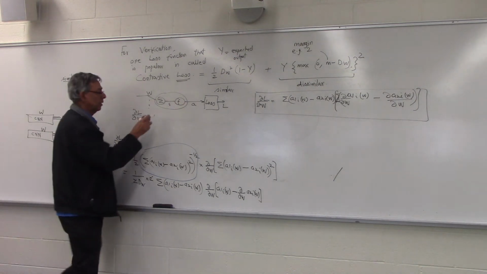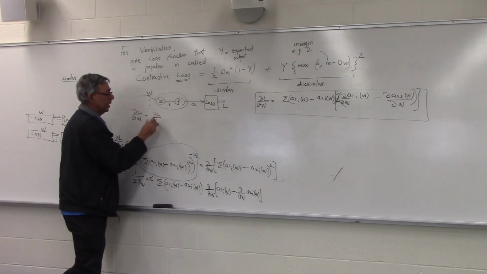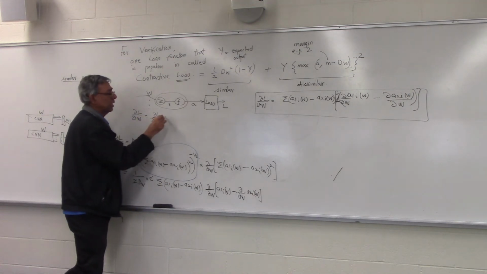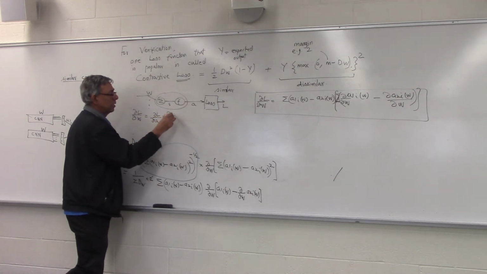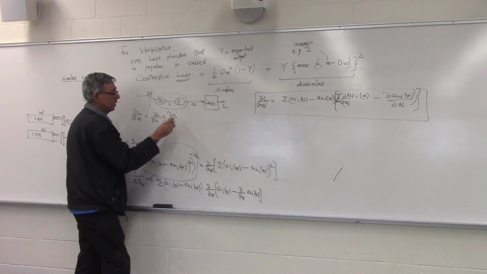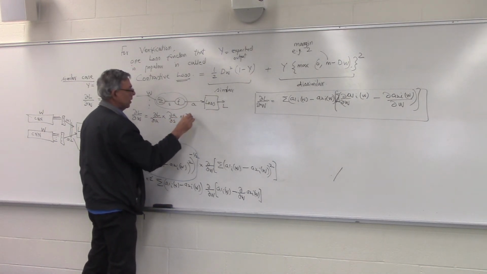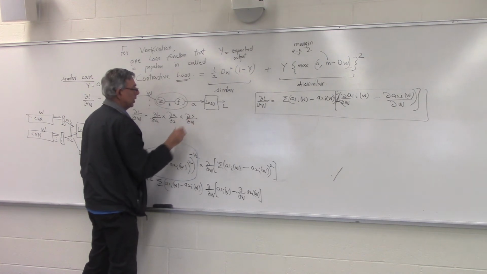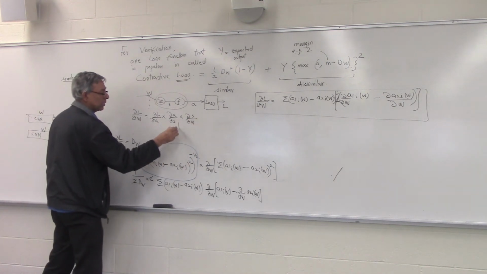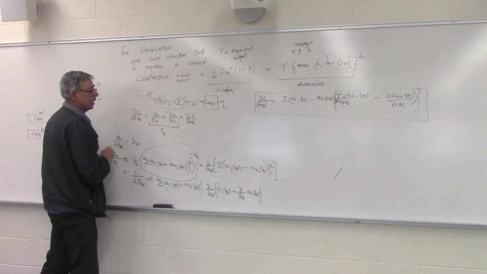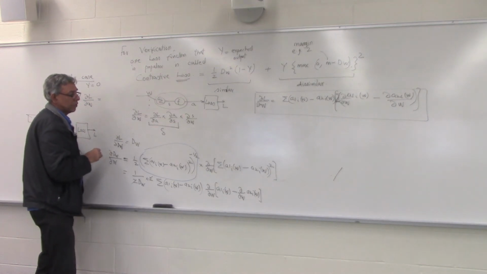Isn't this partial L over partial A, times partial A over partial S, times partial S over partial W? What do we call this part? Delta.